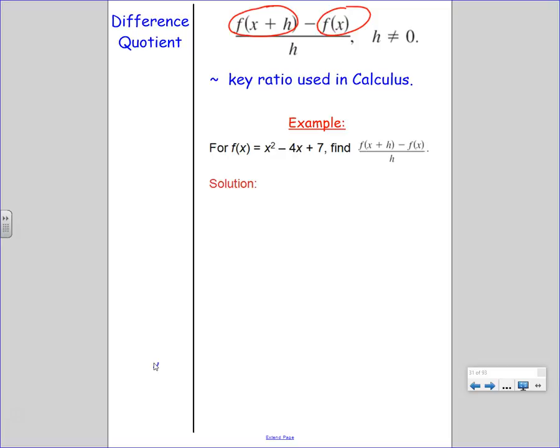Now, in this example down below, okay, do you see an f of x? Okay, we see him. We don't need to go looking for him. It's given to us. So what don't we have stated for us? f of x plus h. So how do we find f of x plus h?